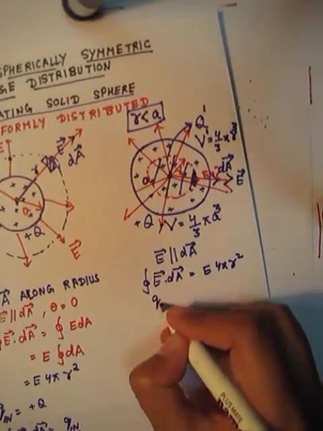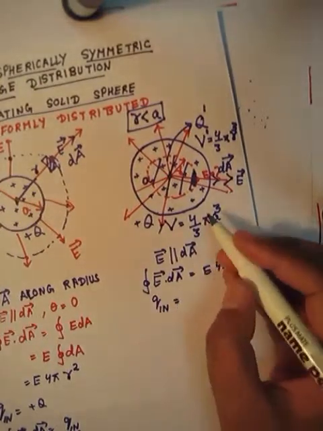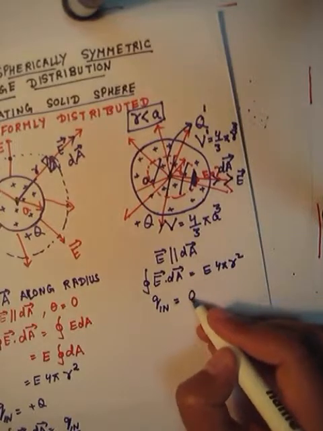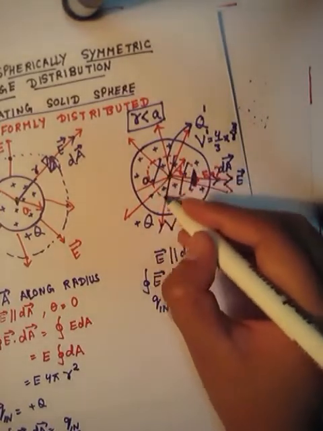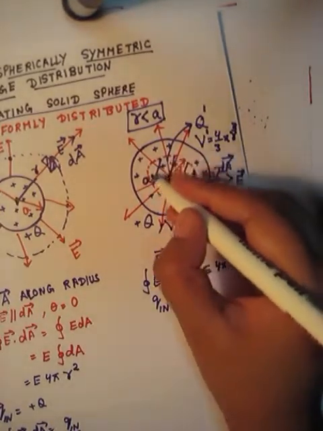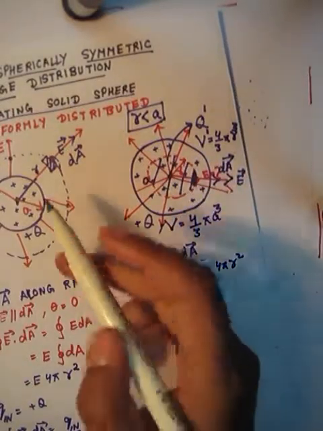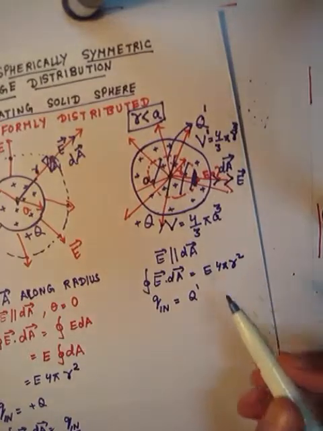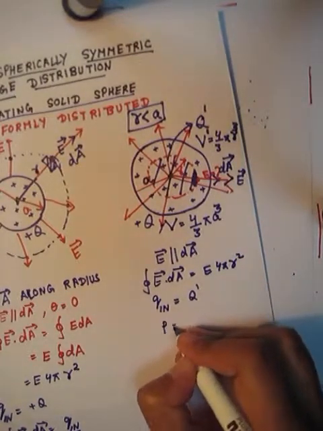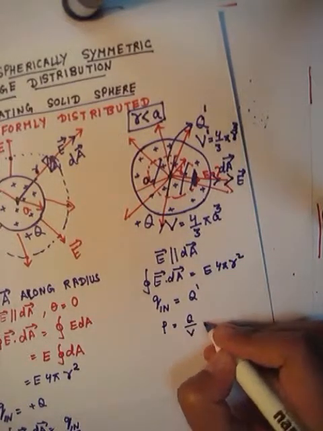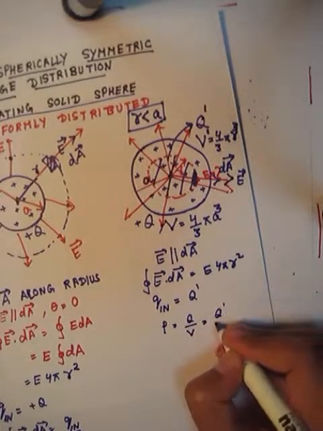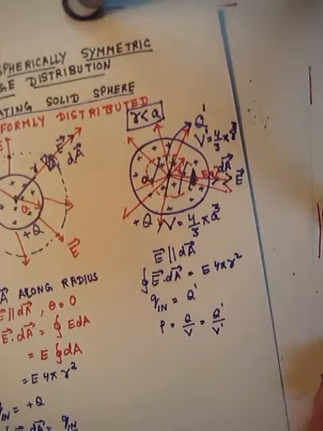And charge enclosed now. The charge enclosed is different to Q. In this case, the charge inside this sphere, which is red colored, is Q dash. Okay, but Q dash is not mentioned in the problem, but what is mentioned is the charge density. Charge density is Q upon V, which will be Q dash upon V dash.